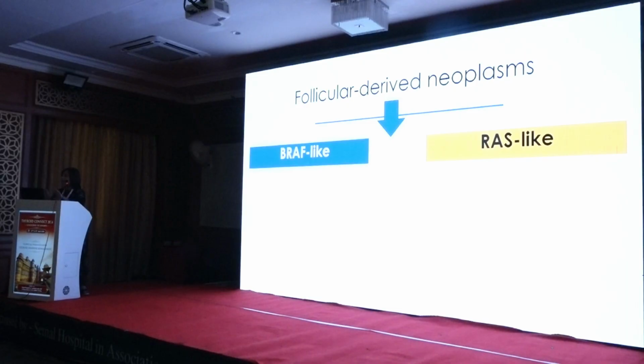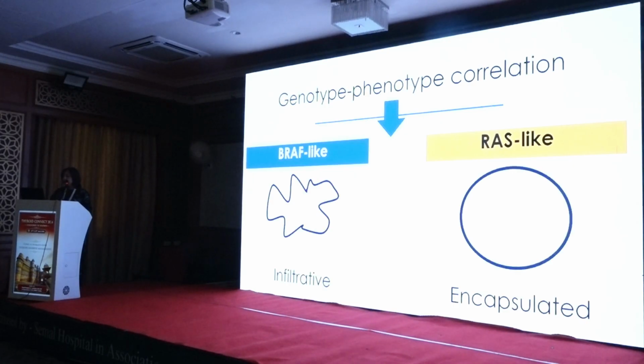So there are two types broadly which are very different clinically as well as pathologically. The BRAF-like tumors look different and clinically behave differently from the RAS-like tumors.